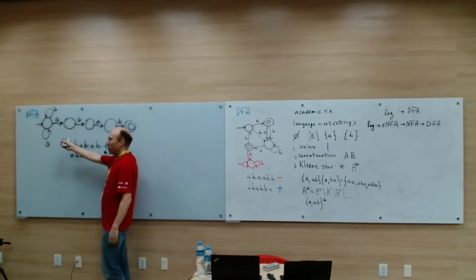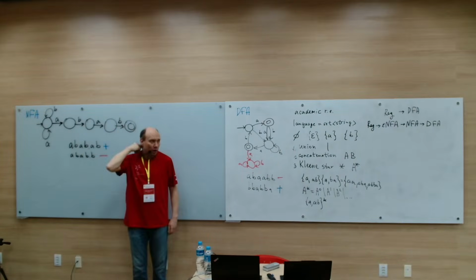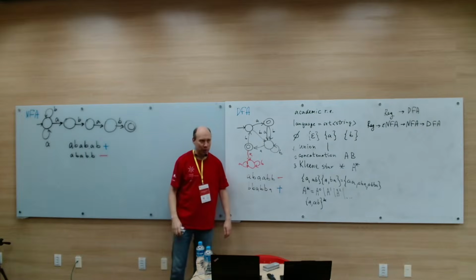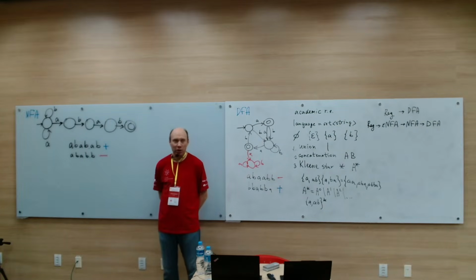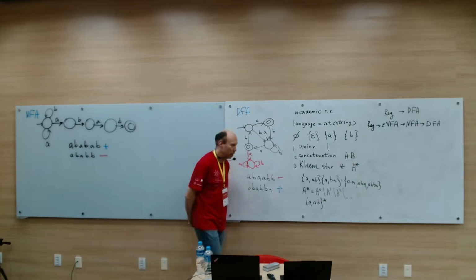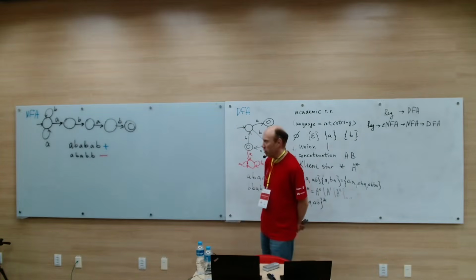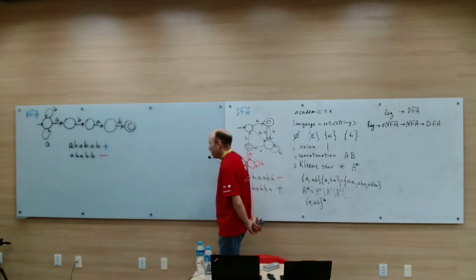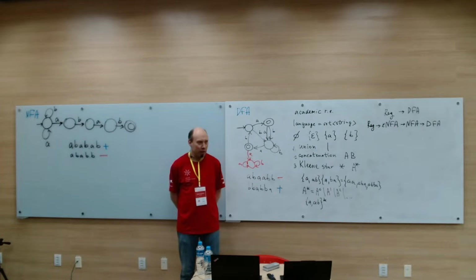Well, this NFA, can you describe what it accepts in simple words? Any combination of A and B followed by the string AB. Yes, that's correct. In other words, any string that ends with AB.